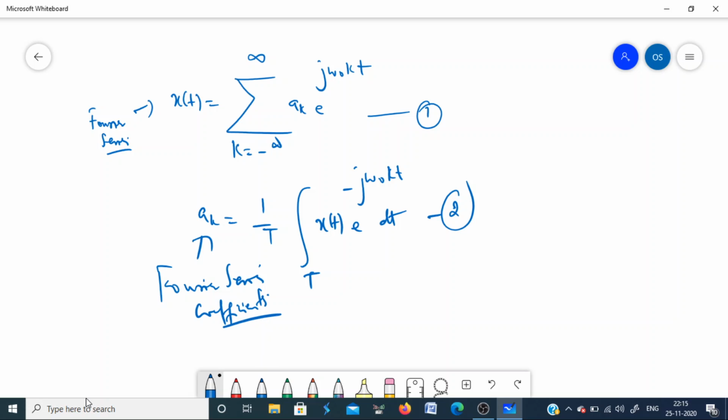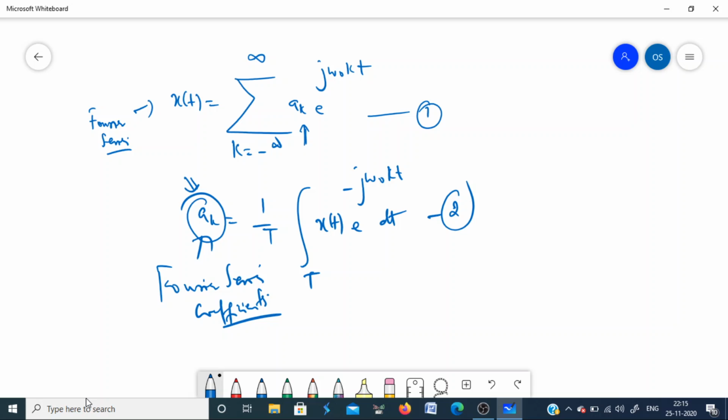Okay, so if any signal is given to you and you are supposed to find its Fourier series, it means you have to find simply its Fourier series coefficients. Because once you calculate ak, you can put it into this equation and see the Fourier series expansion of that signal.